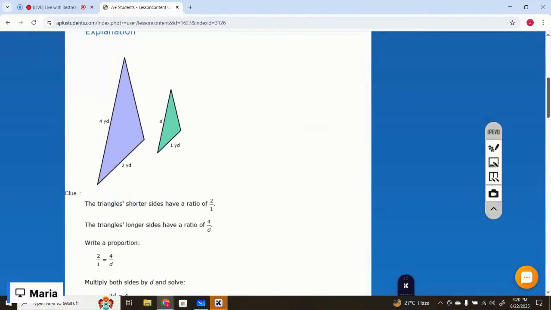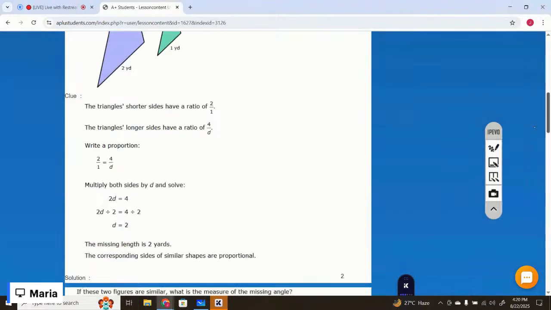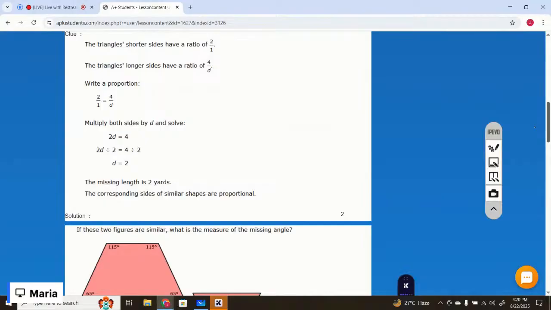So the shorter side has a ratio 2 by 1, right? Like this side. This side is similar to this side, so they have the ratio 2 by 1. The longer side is 4 by t. Now we need to form a proportion that is 2 by 1 equals 4 by t. Just solve this equation for t, so then t equals.